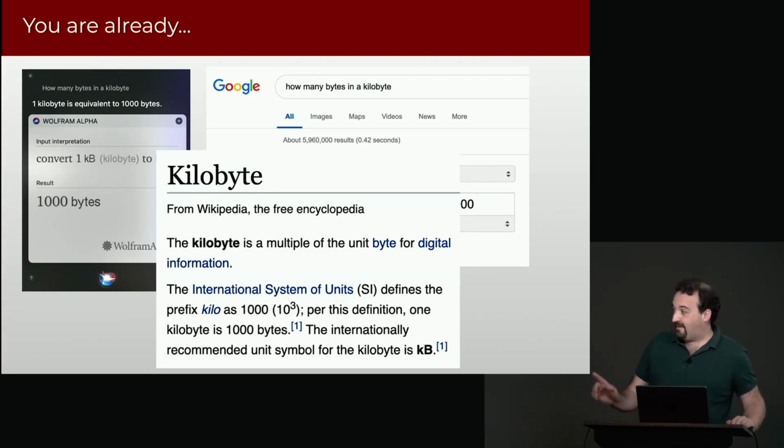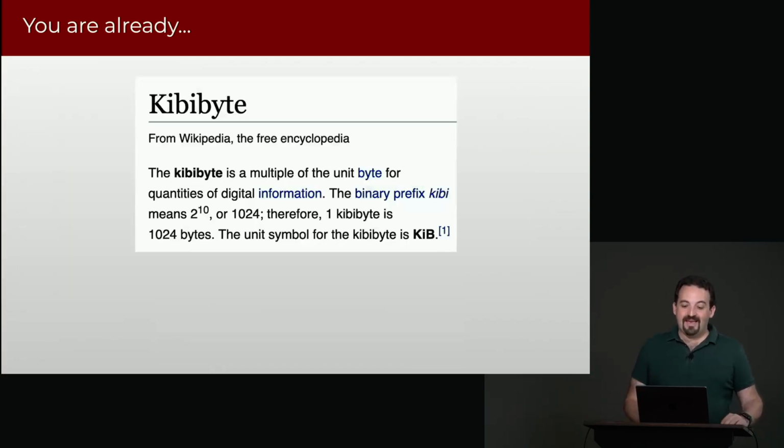Actually, that was set legally and formally within standards in 1998. So a long time ago, 25 years ago, and we are still not sure about what kilobytes mean. Well, anyway, a KiB, kibibyte, not kilobyte, is the one that still exists for 1,024.